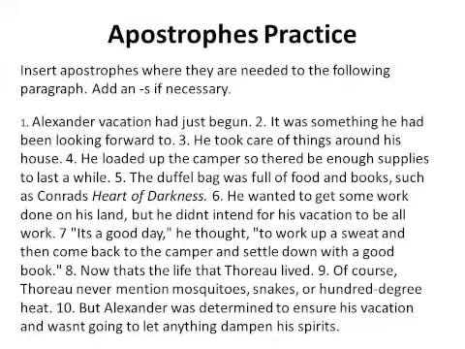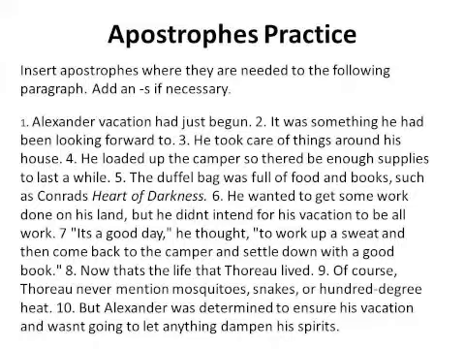Of course, Thoreau never mentioned mosquitoes, snakes, or 100-degree heat. Mosquitoes and snakes are simple plurals. But Alexander was determined to ensure his vacation wasn't going to let anything dampen his spirits.